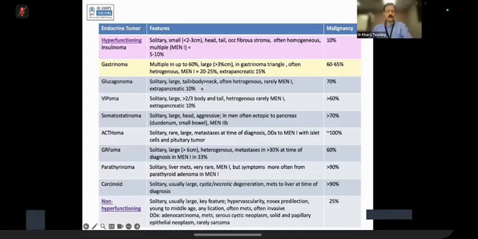They can be hyperfunctioning and they can be non-functioning. Please remember, all of them can be malignant. But the rate of malignancy in insulinoma is less than anything else. It is 10% only. But look at this one, more than 90% malignant.